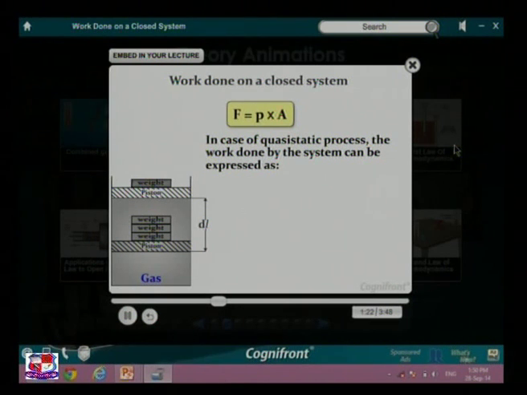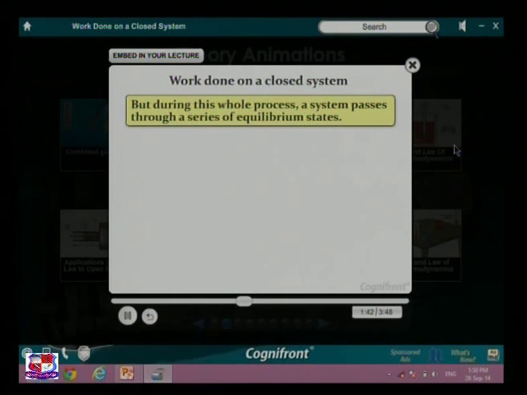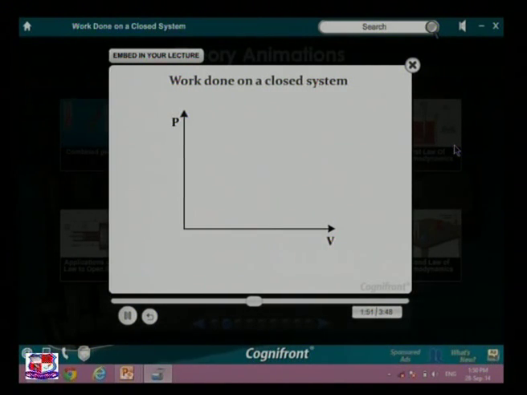In case of quasi-static process, the work done by the system can be expressed as dW = P dV. The assumption for the above expression is that the pressure is uniform. But during this whole process, a system passes through a series of equilibrium states. Observe the given PV diagram.